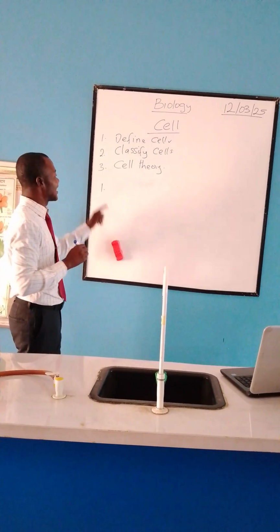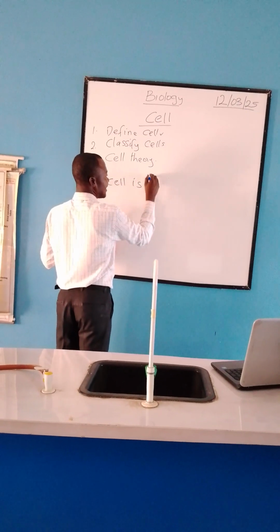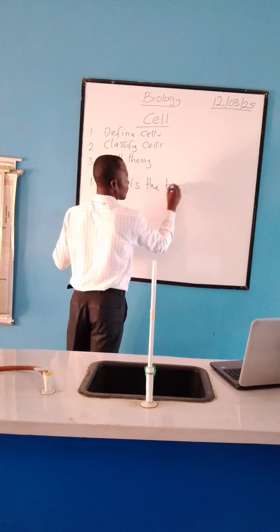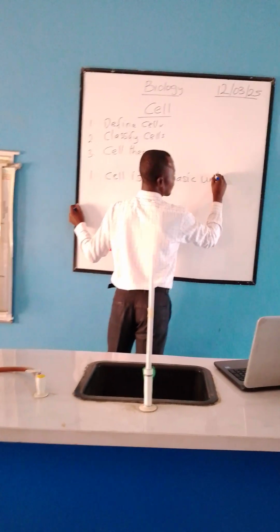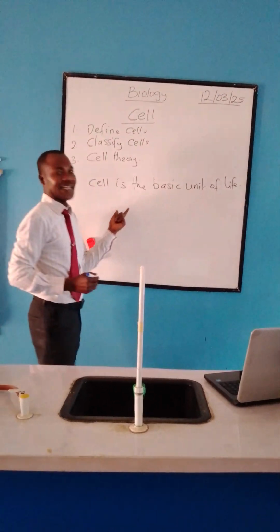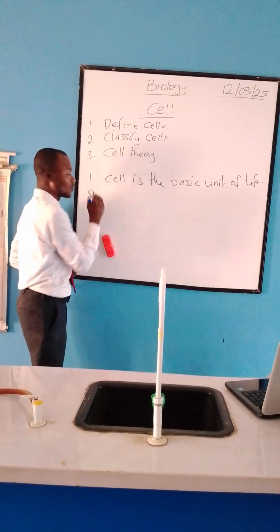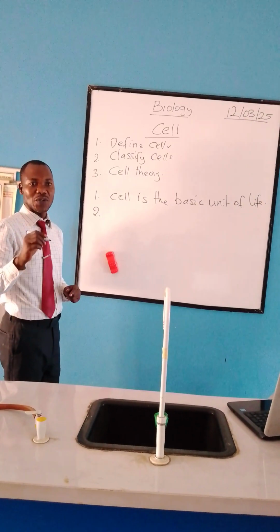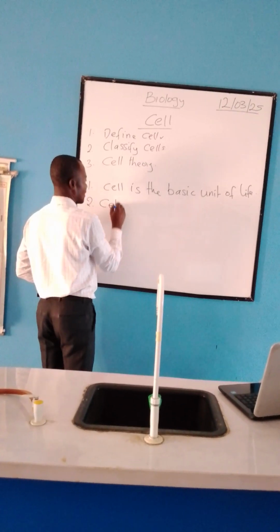Now, cell theory. Number one, cell theory says that cell is a basic unit of life. Number two, cell is a structural and functional unit of life.